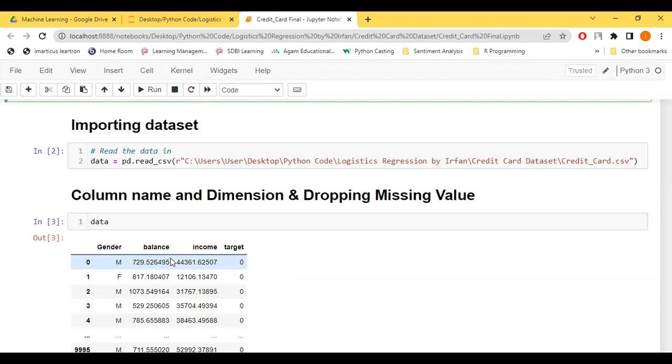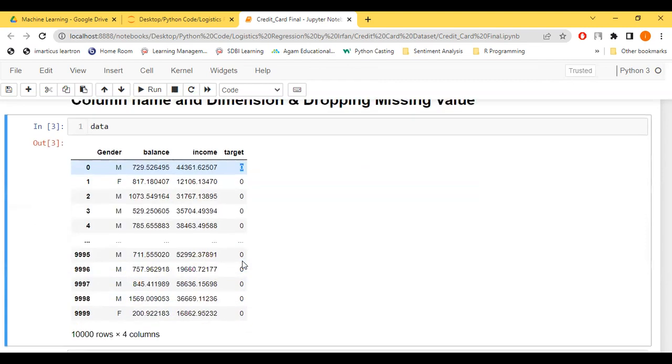This is the flow chart of credit card. If any person does not pay the money to the bank, we call as bad customer. Technical word we call as defaulter. So here we have 0 means good customer who pay money on time. 1 means bad customer who don't pay money on time.